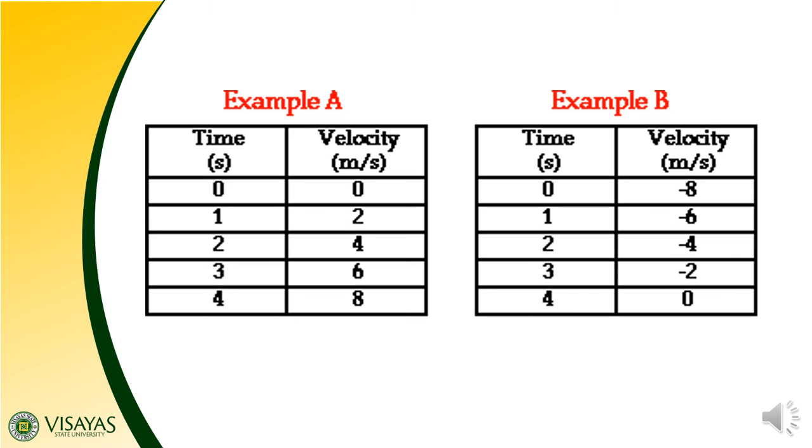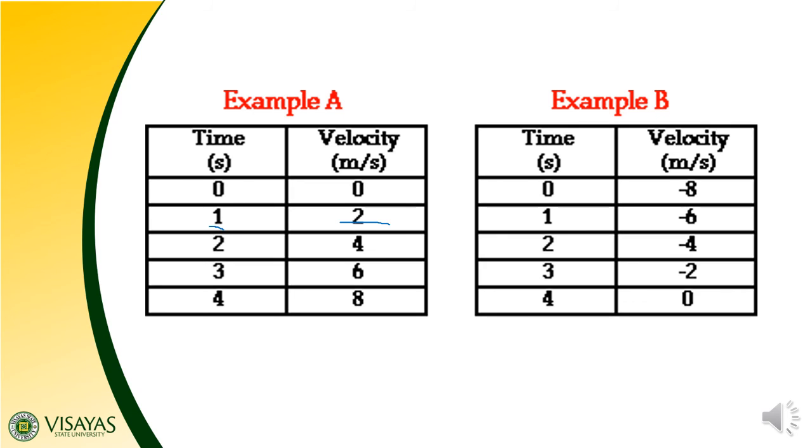Example A tells us that a certain object is moving in the positive direction and is speeding up, because as we can see, the velocity is changing every second by a constant amount of 2 meters per second. From 1 second, the velocity is 2 meters per second. After 1 second naman, the velocity changes by a constant amount of 2 meters per second.